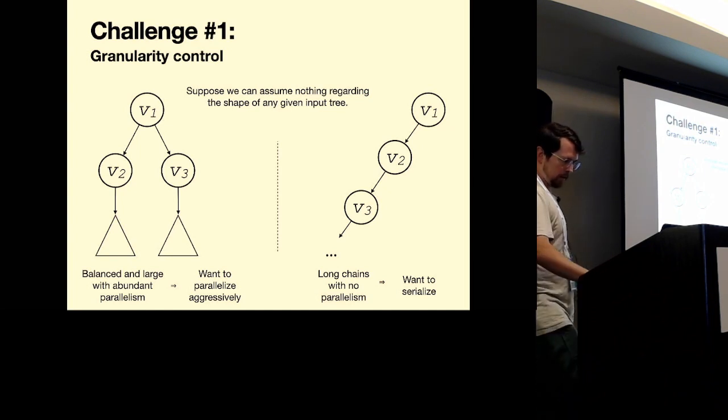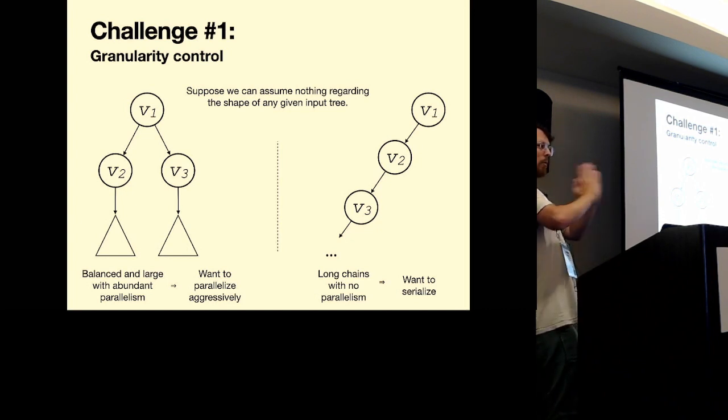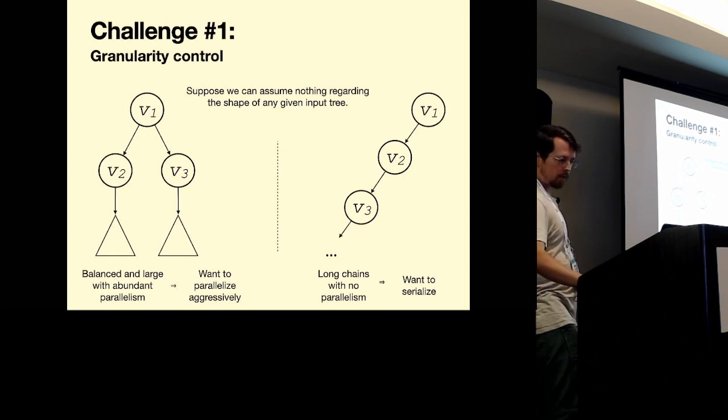So this is a classic granularity control problem, because every time we execute one of those fork join instructions, we're paying a cost. It might be a small cost, but it adds up, and it can very easily overwhelm any advantage of parallelism, even if you have a very highly optimized and engineered system like Cilk or TBB. So this is the classic granularity control problem.